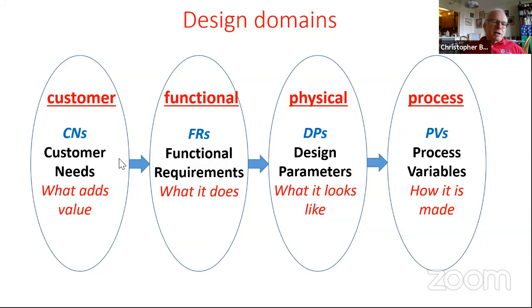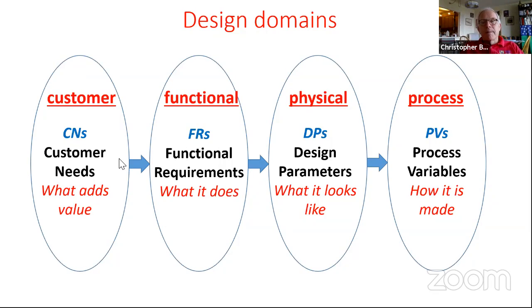So first, customer needs. What is going to provide value to the customer? 2, functional. What functions do I need to provide the value to the customer? 3, the physical space, design parameters. What does it have to look like in order to provide the functions that will satisfy the customer needs?